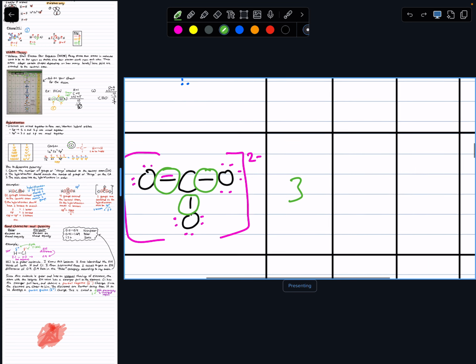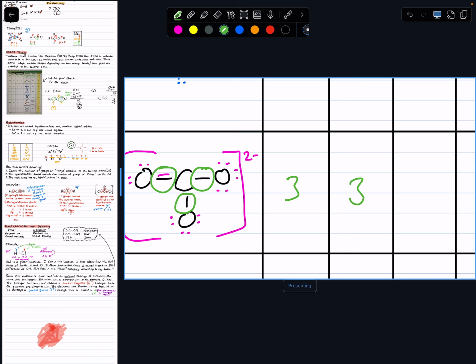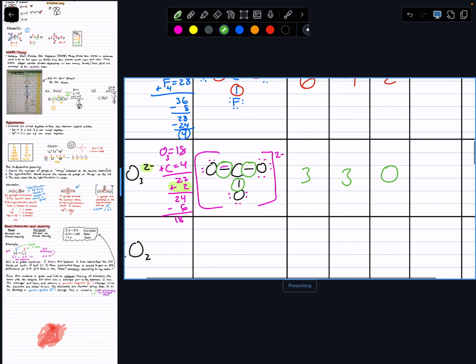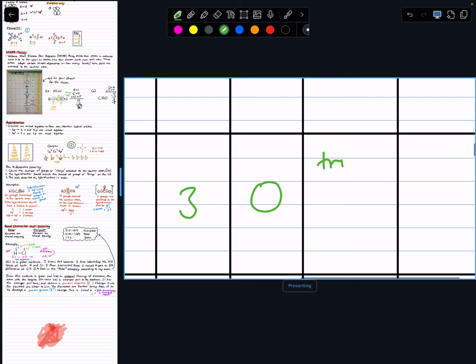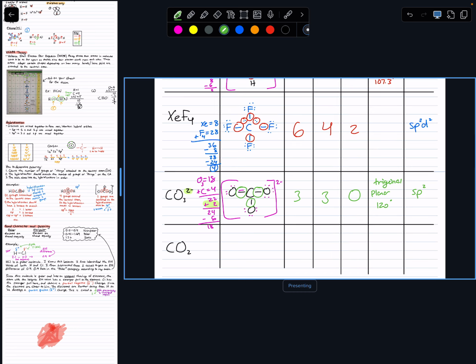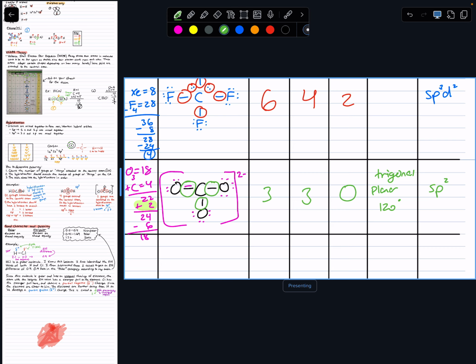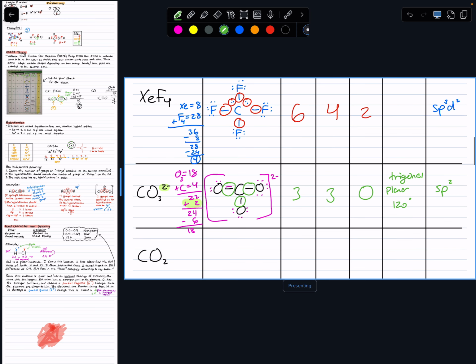So how many of them are bonds? 3 shared. How many of them are lone pairs? Nice. Trigonal planar, 120, and sp2. Any questions on this one?